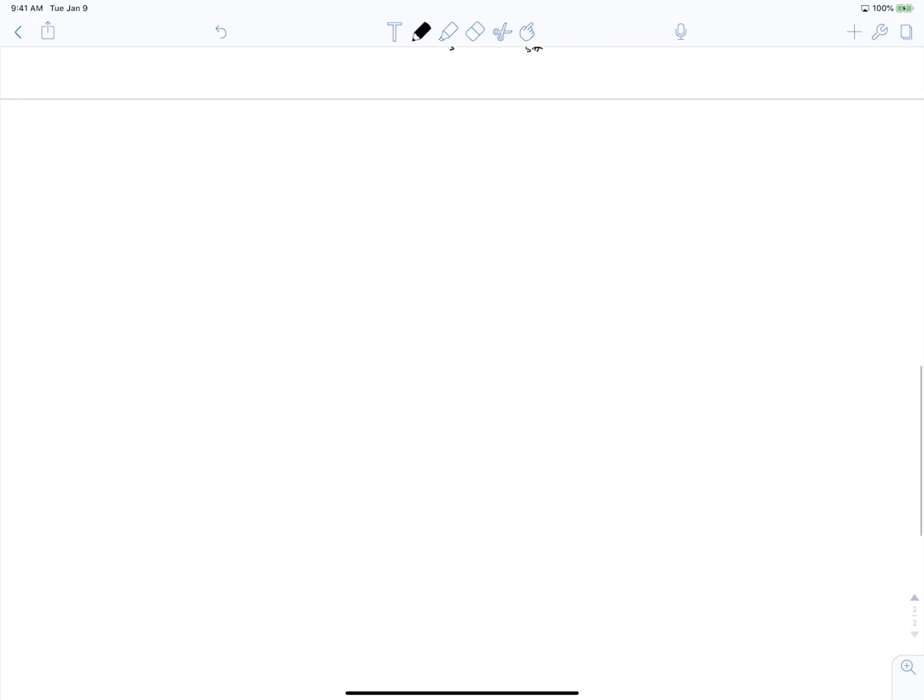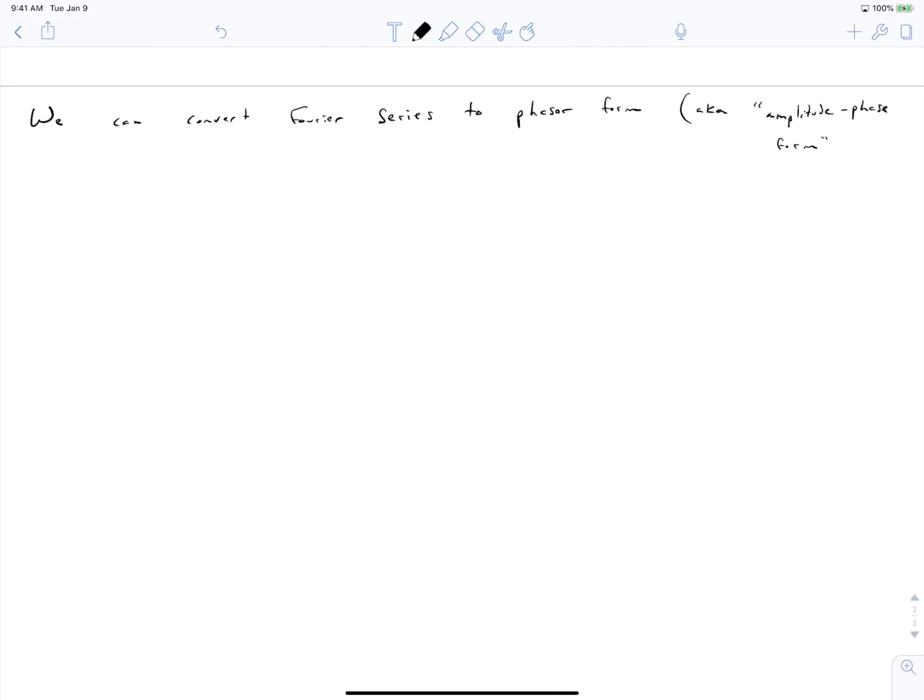Let's now talk about how we can convert a Fourier series to phasor form. This is also known as amplitude phase form. I'm not going to prove this, but you can derive it yourself.